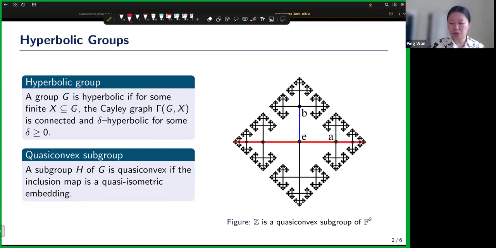An example here is the subgroup Z. If we look at the subgroup Z generated by the generator A here, it's going to be a line extending on both sides infinitely. As you can see, the inclusion map here does not distort the metric on this line at all. So that's a nice quasi-isometric embedding, which shows subgroup Z is a quasi-convex subgroup of the rank 2 free group.